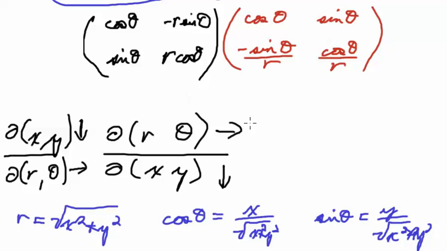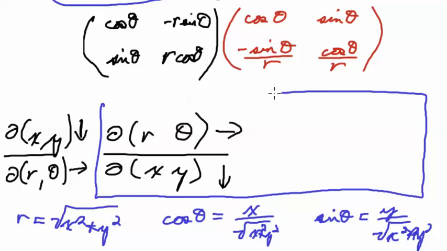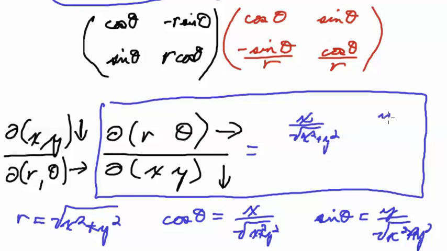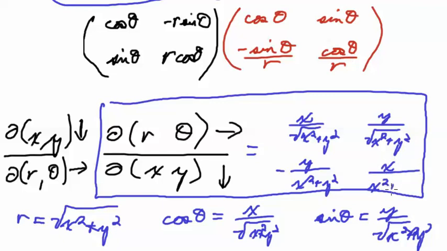So when I do that, just this part of it is going to be cosine theta, which is x over square root of x squared plus y squared, sine theta, which is y over square root of x squared plus y squared, negative sine theta over r, which is going to be negative y over x squared plus y squared, and cosine theta over r, which is going to be x over x squared plus y squared.